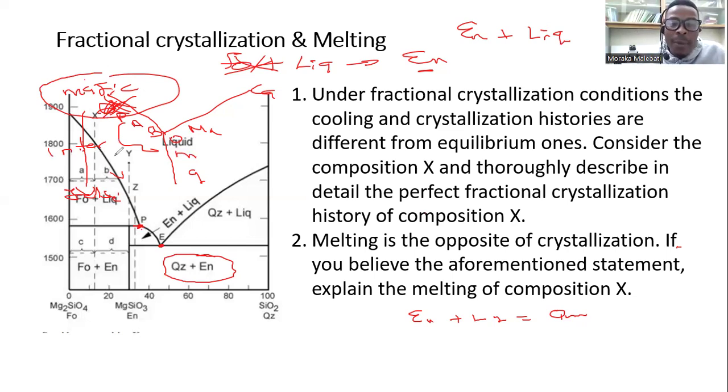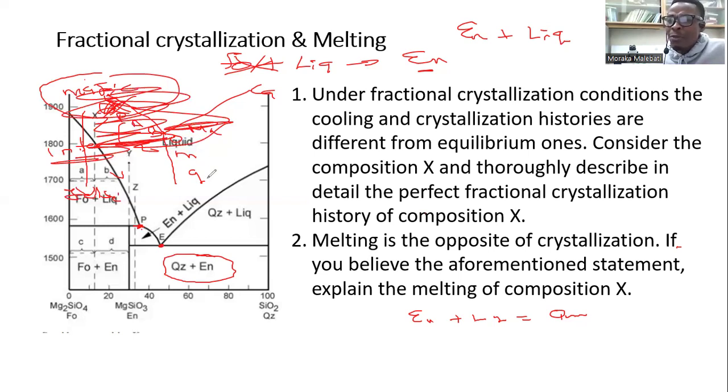They are no longer there. Then it means the liquid composition is now felsic. We only remain with quartz and muscovite. That's why at the end we crystallize the silica-rich material.